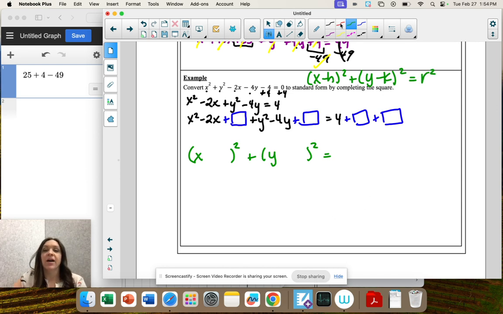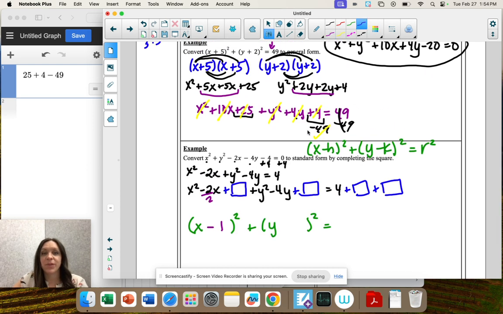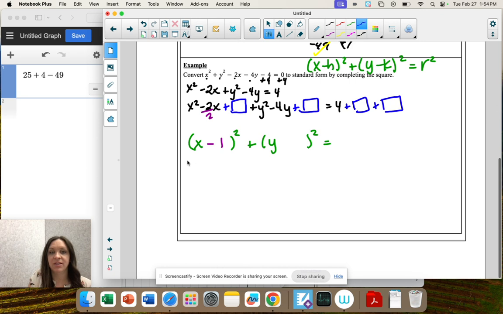So to do that, we take the number in the middle, so the number by x, and we divide it by 2. -2 divided by 2 is -1, and that's the number that goes in our square. But we just did this with our general form. That means x minus 1 times x minus 1. So let's multiply that out.